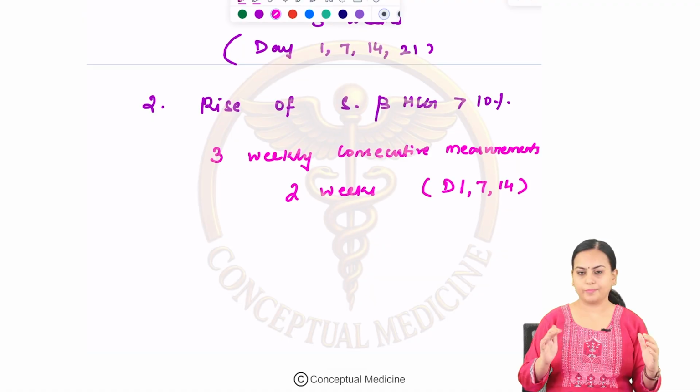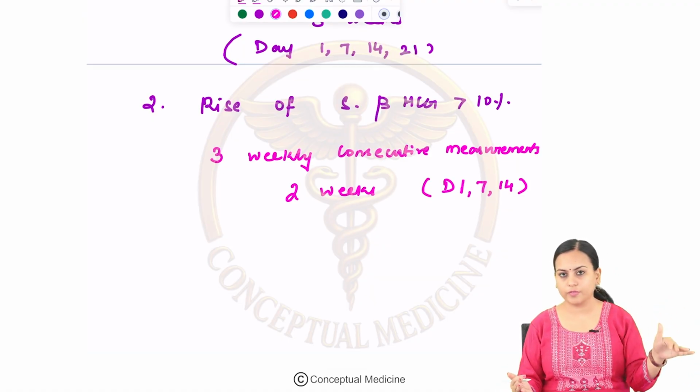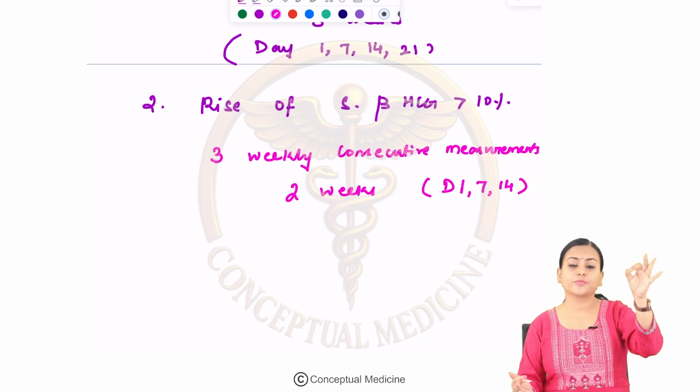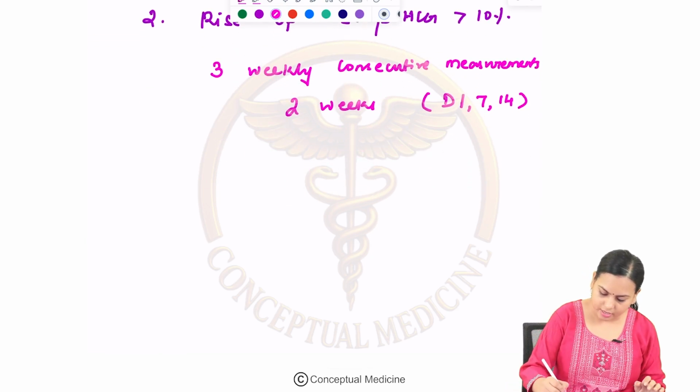So, the same way, you are measuring 3 weekly consecutive measurements or measuring over 2 weeks itself shows there is a rise more than 10%, then it should be suspicious, right? Yes.